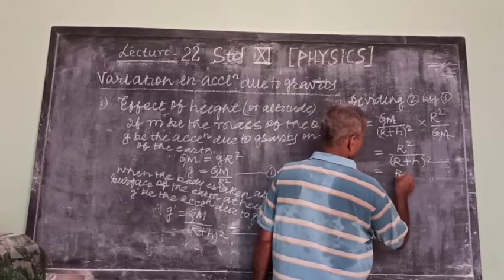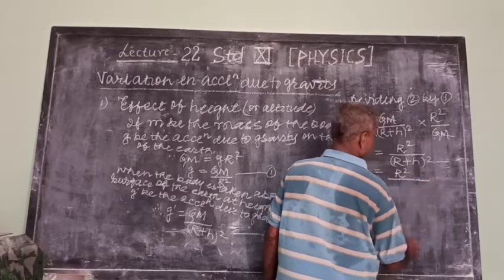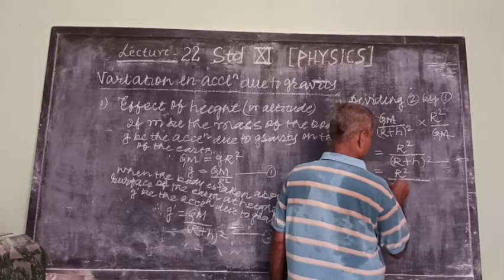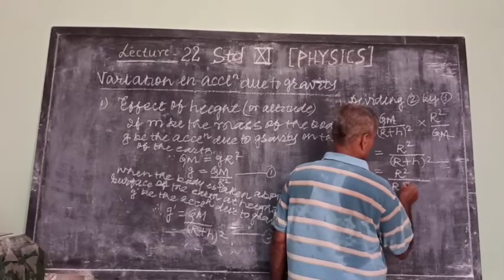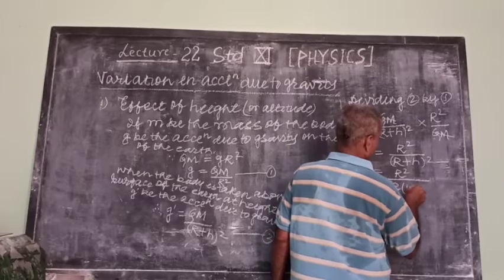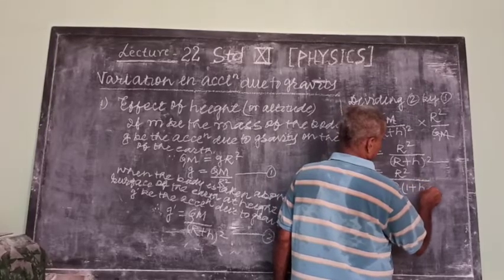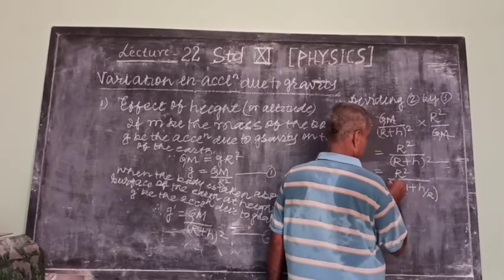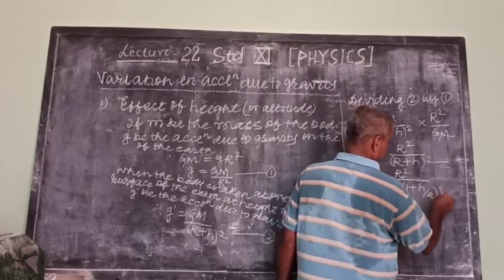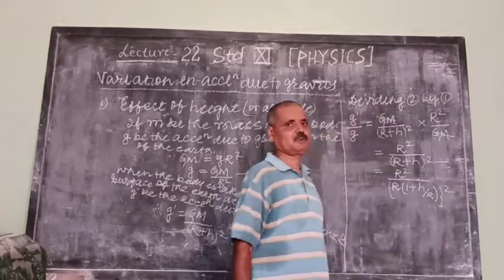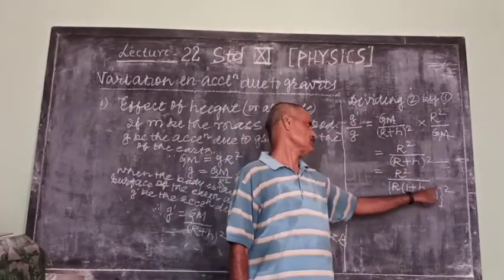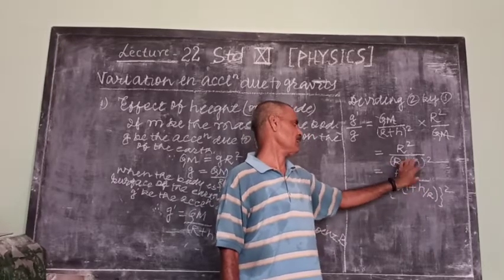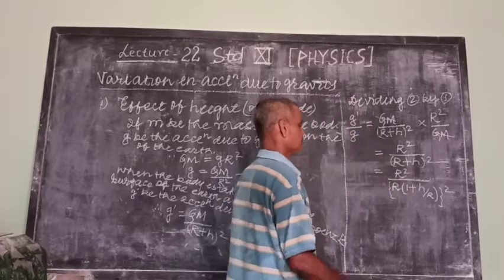This is your R square. It can be written, when R is taken common, as 1 plus h by R. Can I write it in this way? R will be taken common, 1 plus h by R, in the whole square.